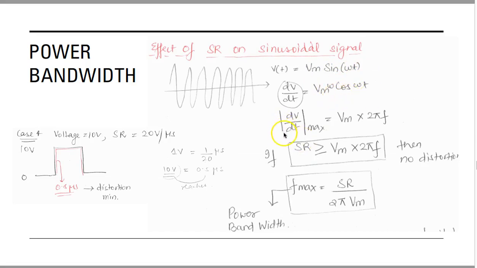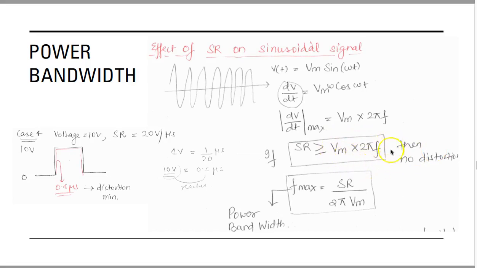And when you take the absolute value of this dV by dt, you are left with Vm into 2 pi f. Okay, and this dV by dt represents your slew rate, so that's why we have written slew rate here. When this slew rate is greater than or equal to Vm multiplied by 2 pi f, then there will be no distortion. So what does this represent?